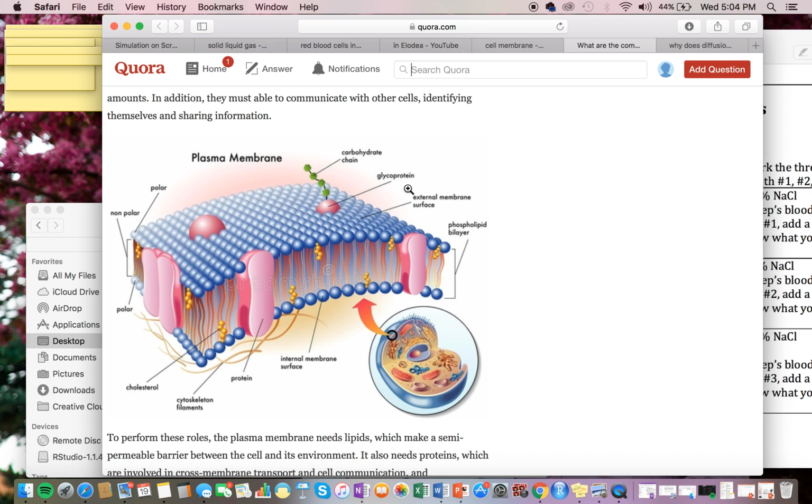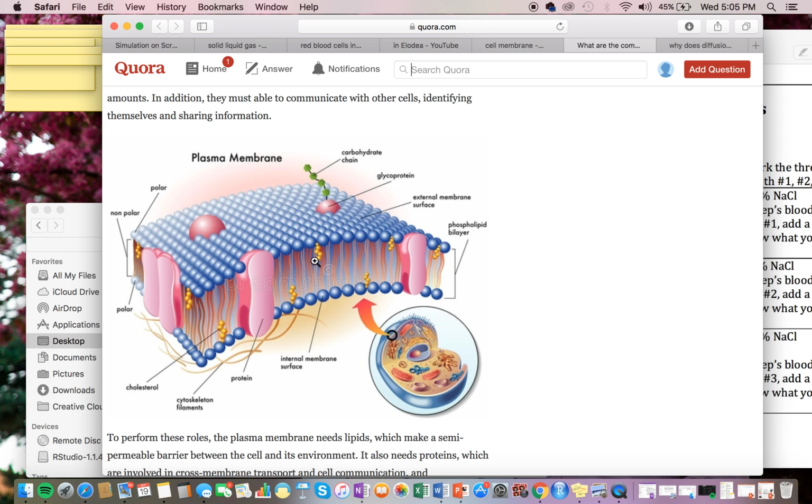So we want to talk about what can go through and what can't go through. So since this layer is hydrophobic, it's a pretty big portion of the layer, if a non-polar molecule comes up to this layer and wants to get in, it typically can go through because it's attracted to this non-polar site. And if it's small enough to go between these hydrophilic regions, then it can make it through.